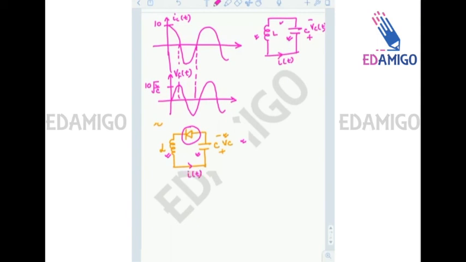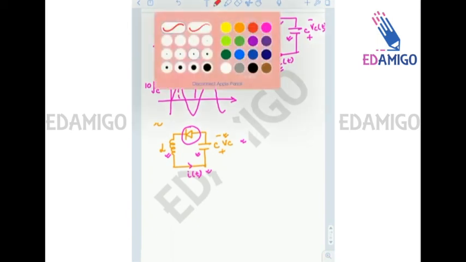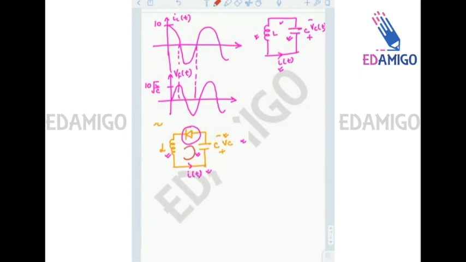So the current equation will be the same initially in both cases, and since the current is flowing in this loop in this direction, this diode will not restrict the current flow. Okay, and the equation will remain the same. What was the equation? The equation was 10 cos 1 upon root LC t.